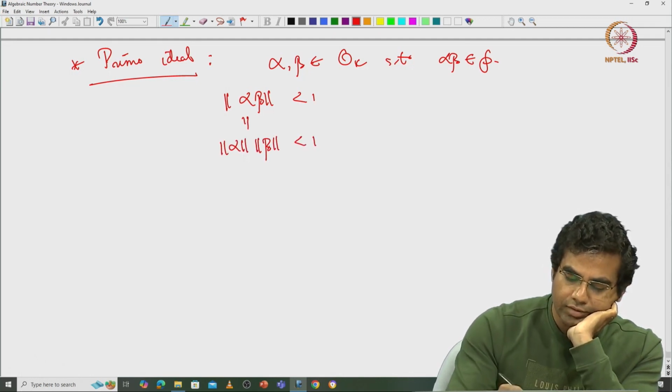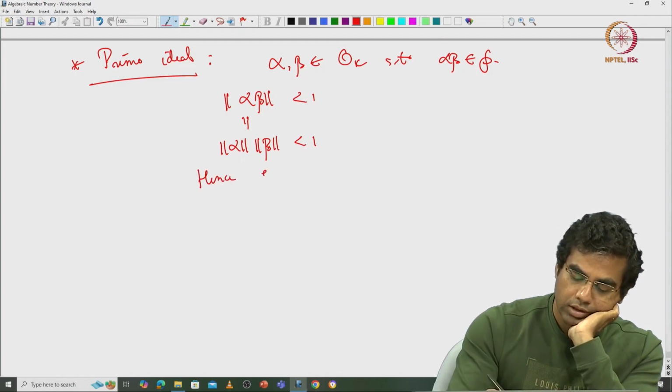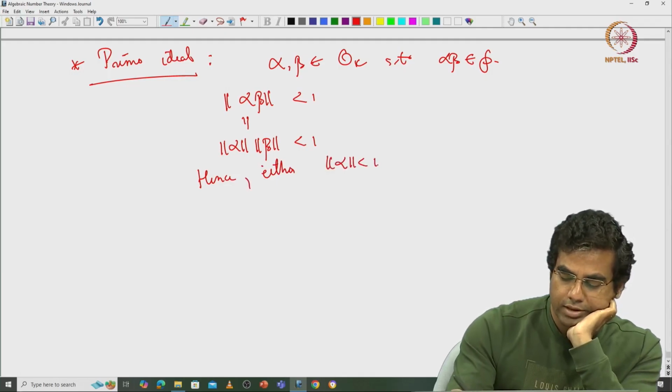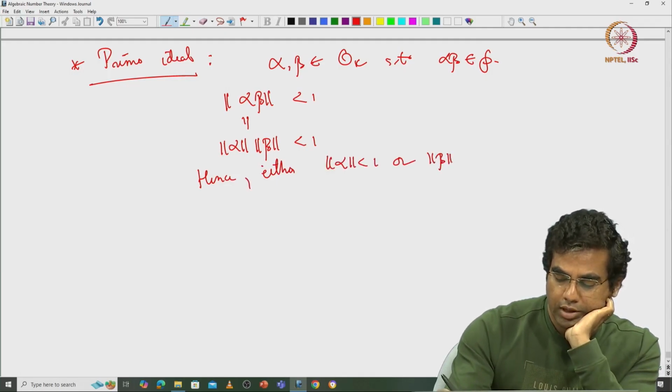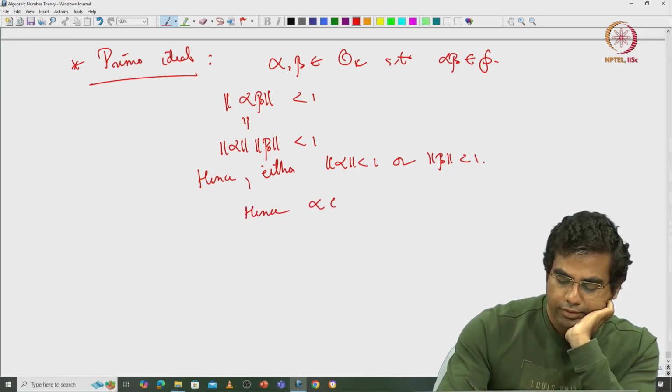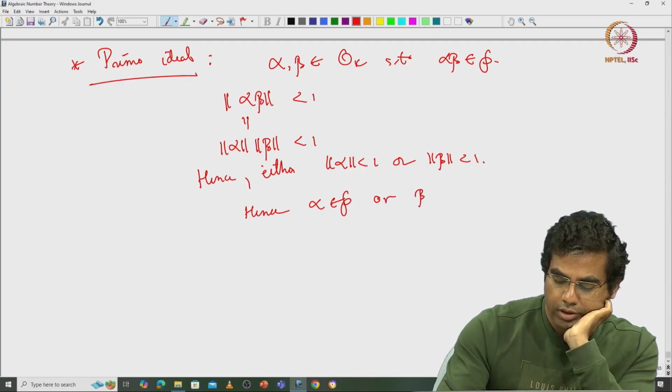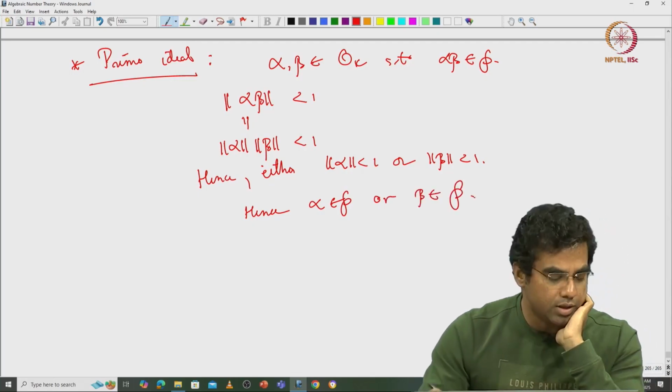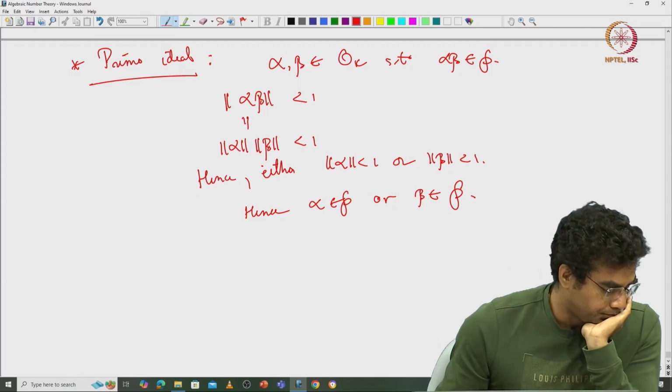So at least one of them has to have valuation less than 1. Hence either the valuation of alpha is less than 1 or the valuation of beta is less than 1. Hence, alpha is in P or beta is in P, which is what it means to say that it is a prime ideal.